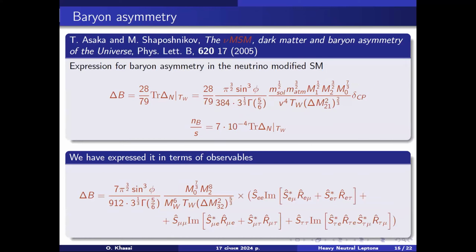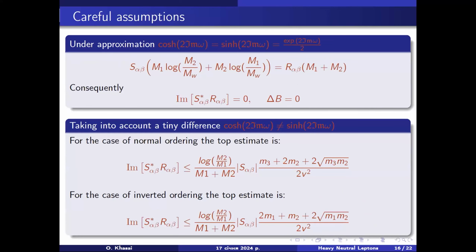From Shaposhnikov and Asaka's work, we know the expression for the baryon asymmetry of the universe. Using this expression, we can express the baryon asymmetry in terms of our observables, as we did here. If we tried using a relation between observables obtained in our work, we would have obtained an unreasonable result, as seen here.